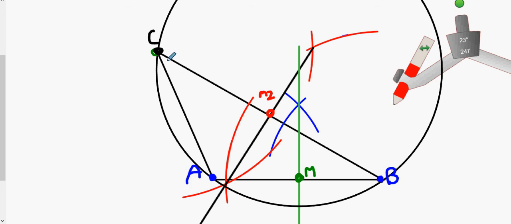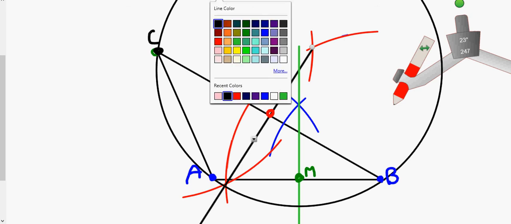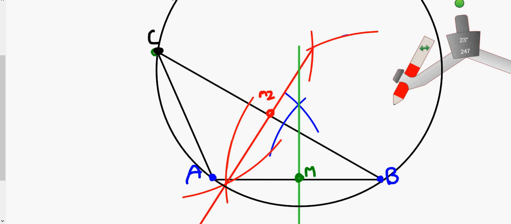Then you get the equation of a slope that's perpendicular to BC but goes through M2. You get the equation of a line. That's now your red line. And the circumcenter is where the red line hits the green line. Anybody can sum that up for me one more time? Let's do it on a blank triangle.